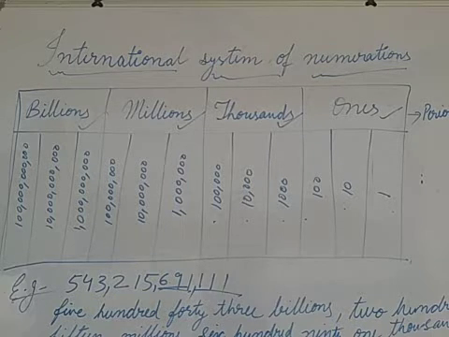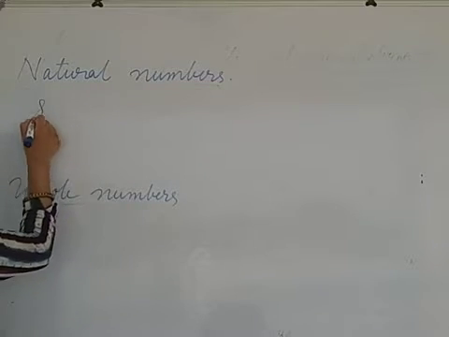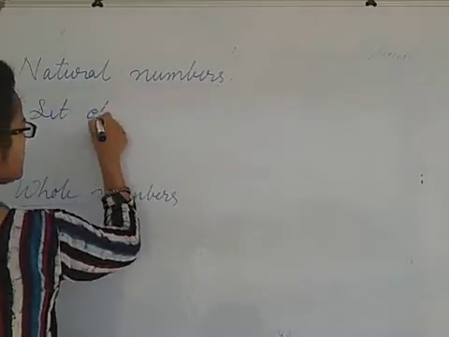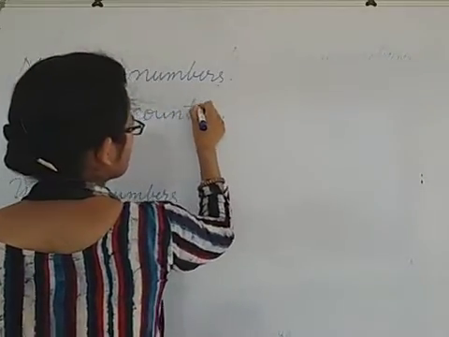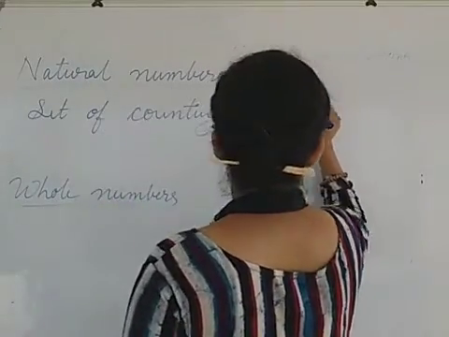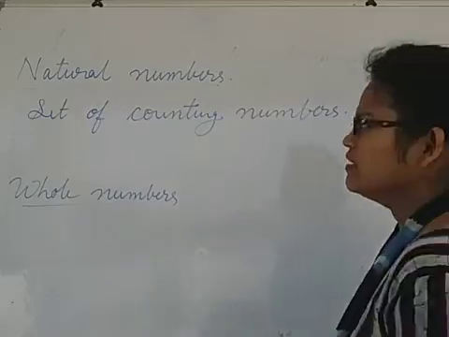What is a natural number and what is a whole number? The set of all counting numbers is known as natural numbers.